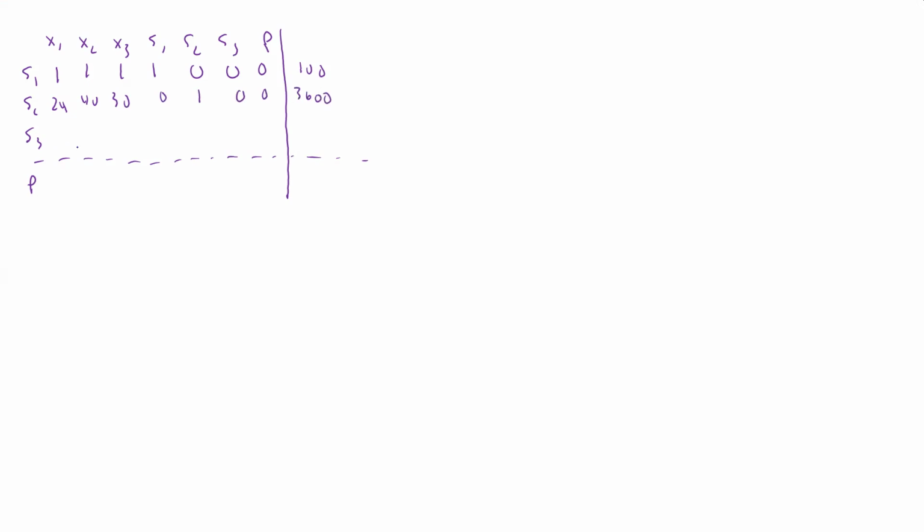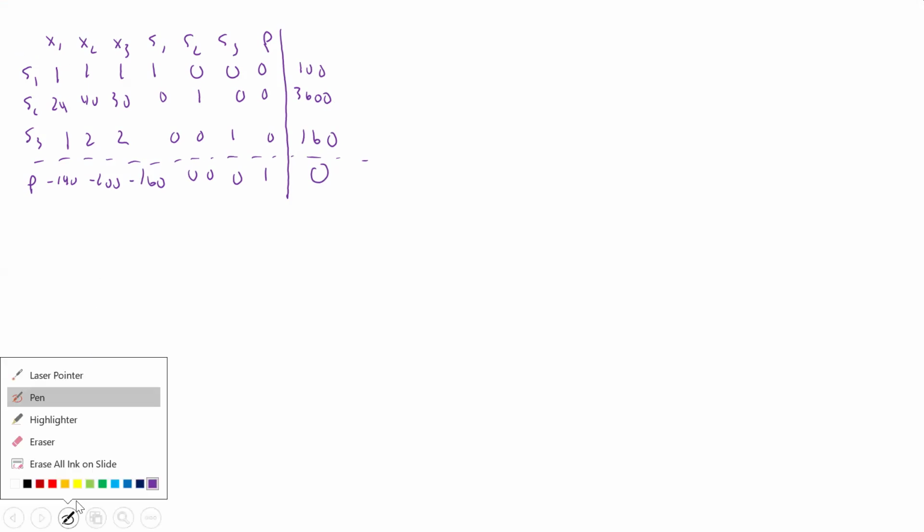And then S3, we had a 1, a 2, a 2, a 0, 0, 1, 0, and that was 160. And our profit, that was going to be minus 140, minus 200, minus 160, and then a 0, 0, 0, 1, and that was going to be a 0 here. All right. So that gives us our initial tableau.